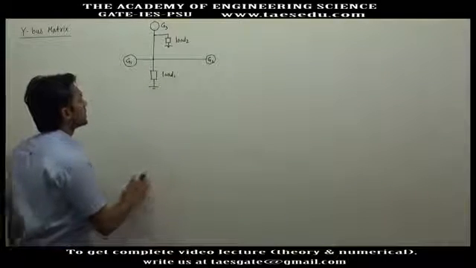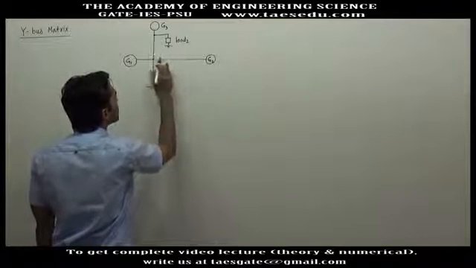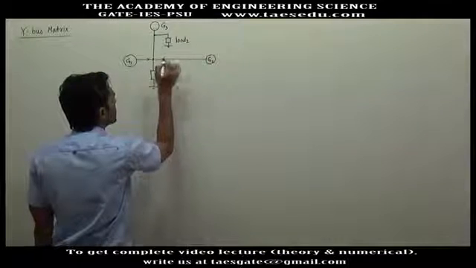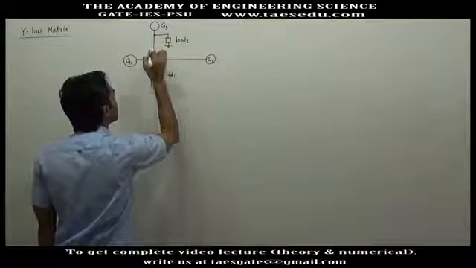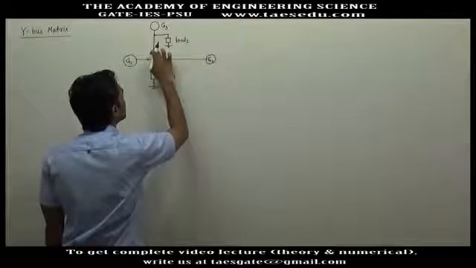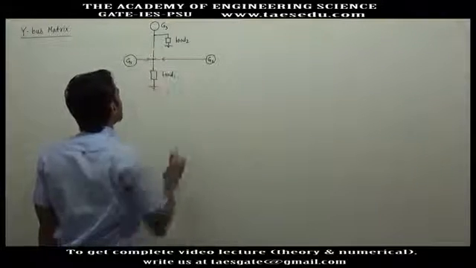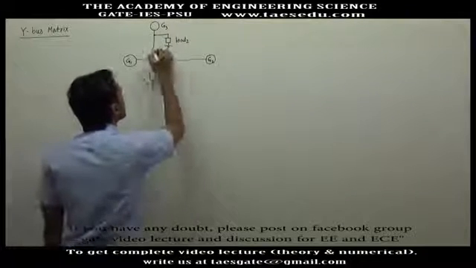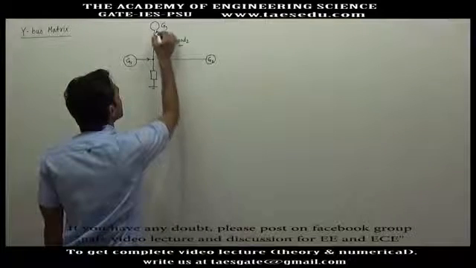Like in this diagram, here we have load 1, so it may take current from generator 1 also, generator 2 also. In some situations it may take electricity from all 3 generators. Okay, so let's say it is taking electricity from generator 1 and generator 2, and let's say load 2 is taking electricity from generator 3.